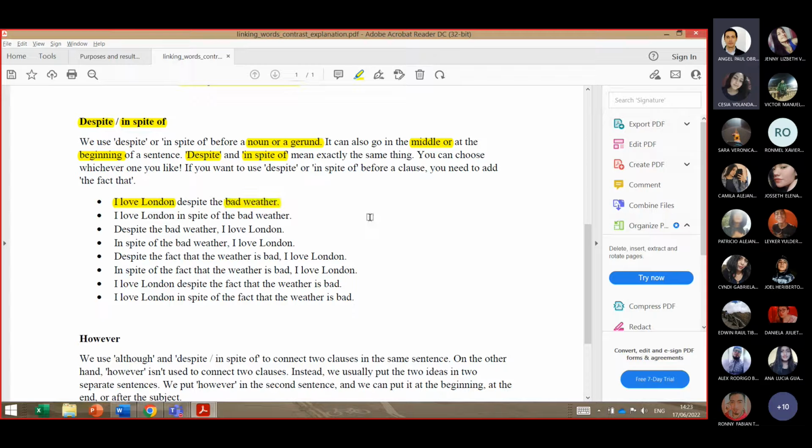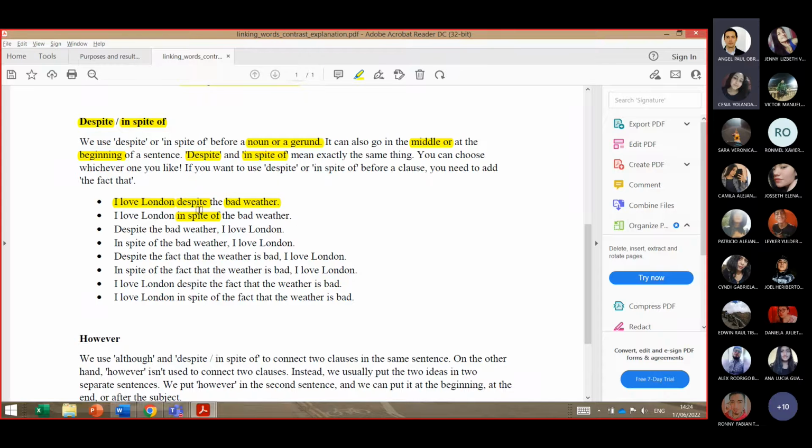Por ejemplo, I love London, estoy contrastando algo, estoy diciendo algo positivo, ¿para qué? Algo negativo de, en este caso, London, ¿no? Que es el mal clima, ¿sí? I love London despite. Entonces, despite sería como a pesar de, ¿sí? I love London despite the bad weather. I love London in spite of the bad weather, ¿sí?